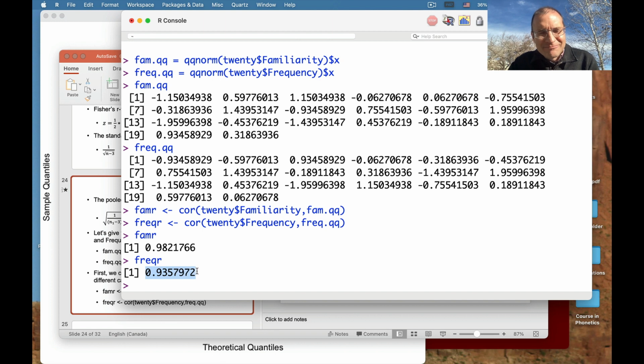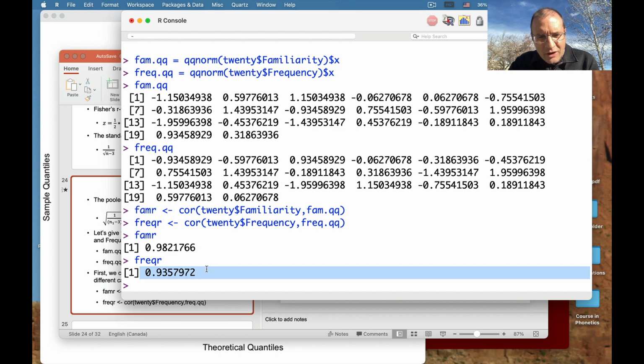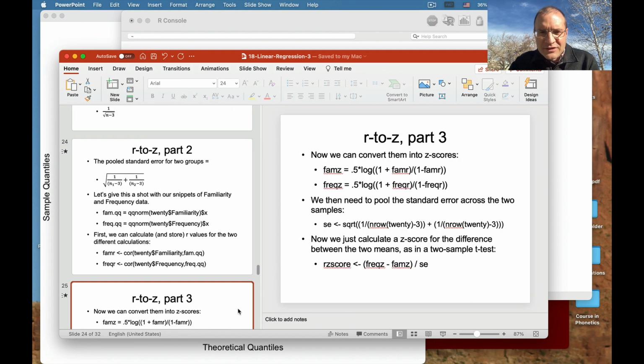This is the one that's not quite normally distributed, so it's a little bit lower in terms of its R value. And the question here is, is this R value significantly different from this R value? You can kind of think that maybe they are, based on the results of that Shapiro-Wilk test, because one winds up being normal and the other does not. But we'll approach this using this R to Z transformation and see what it tells us.